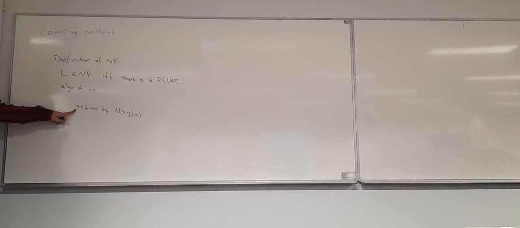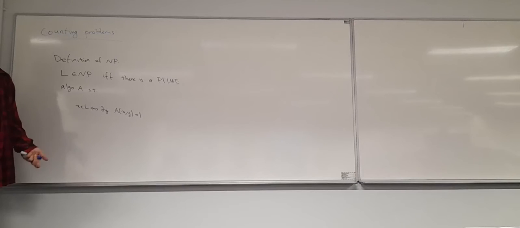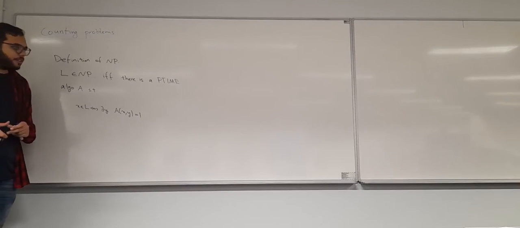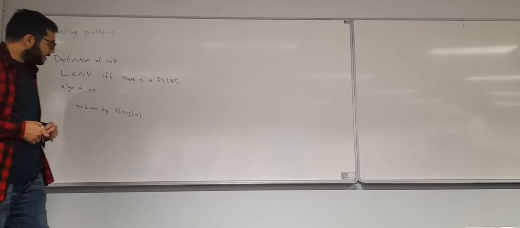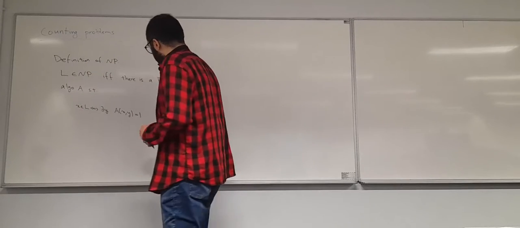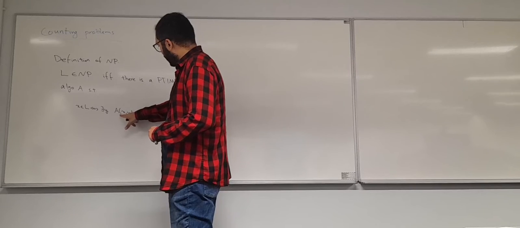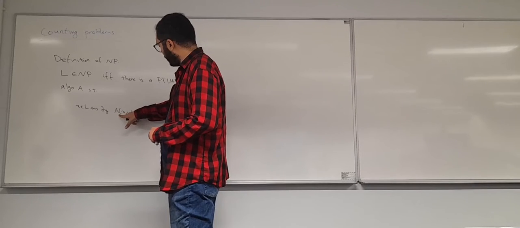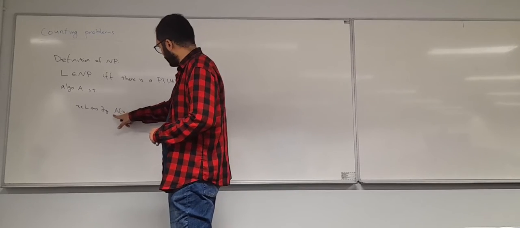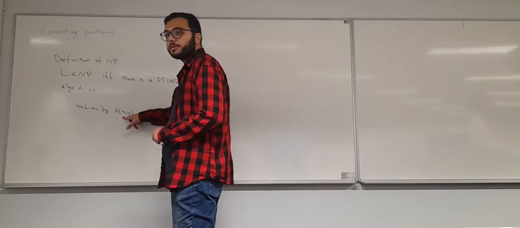So if x is not in L, then there is no certificate. If x is in L, then there is at least one certificate. And of course, since y's length is polynomial in x, and since this algorithm A runs in polynomial time, the entire runtime here is also polynomial in x.